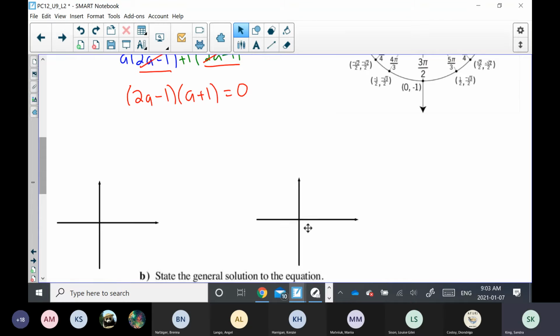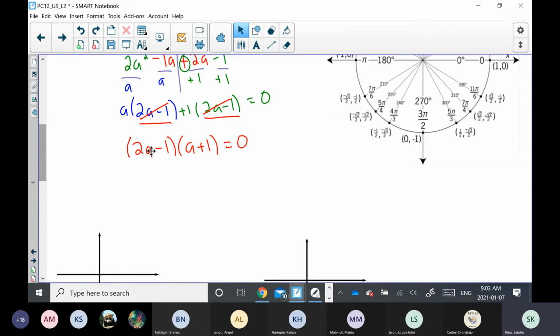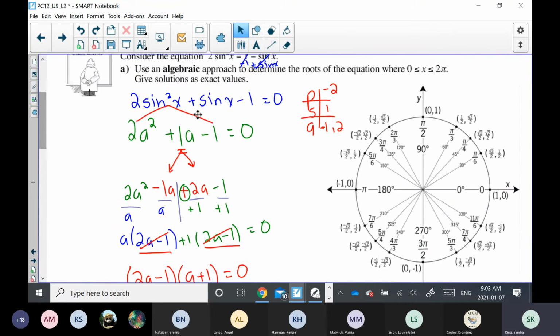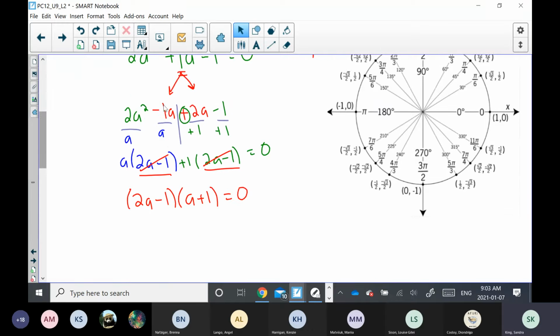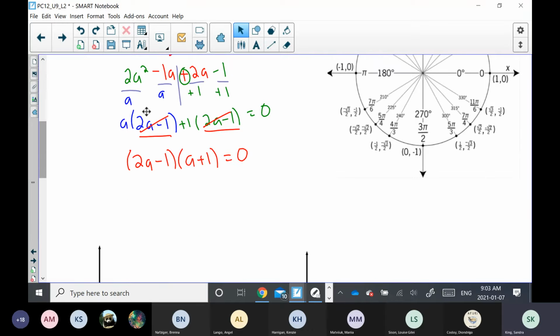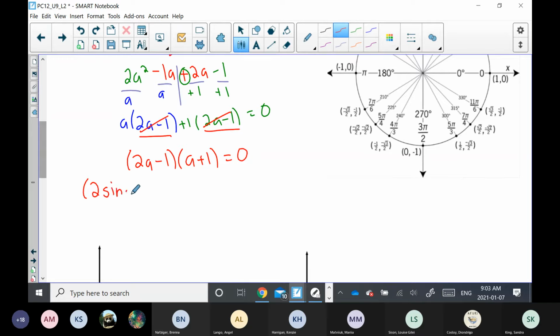I need to take out the a, and I put in what a was equal to, which is sine of x. So one of my factors is 2 sine of x minus 1, and my second factor is sine of x plus 1. And that's equal to 0.